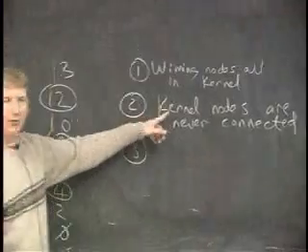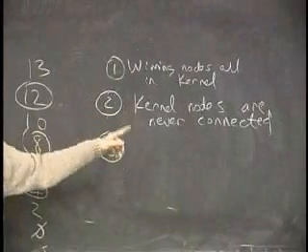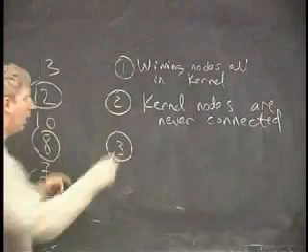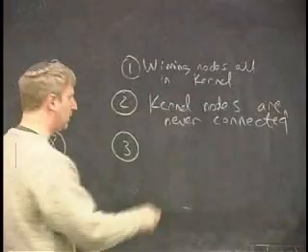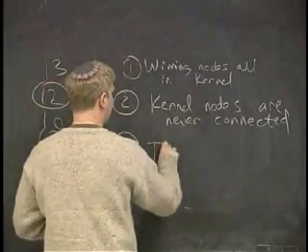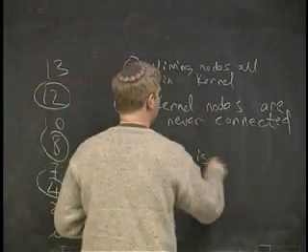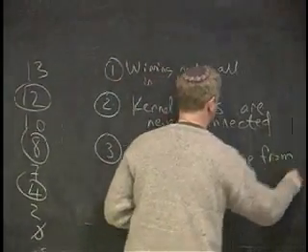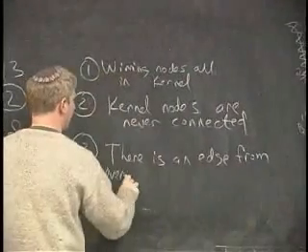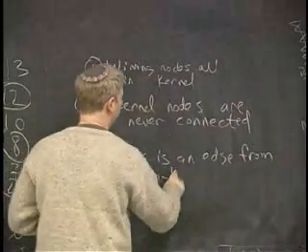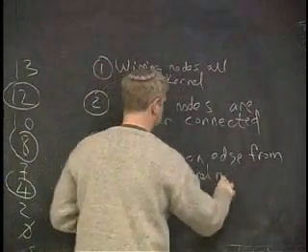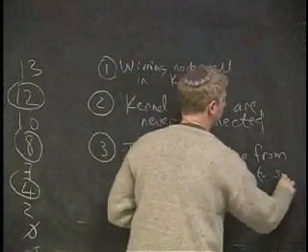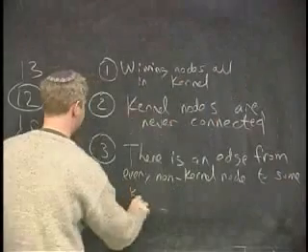So, kernel nodes are never connected. Another way of saying it: every edge out of the kernel goes to a non-kernel. All edges out of a kernel go to a non-kernel, but there is an edge from every non-kernel node to some kernel node.